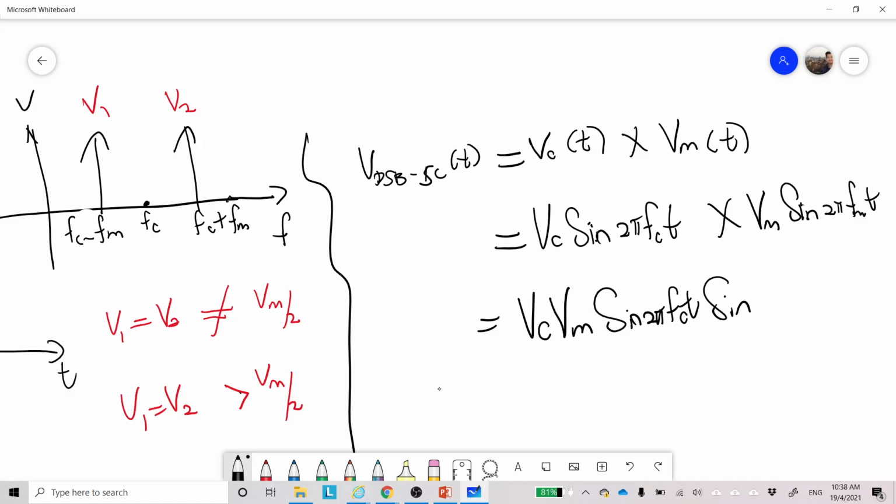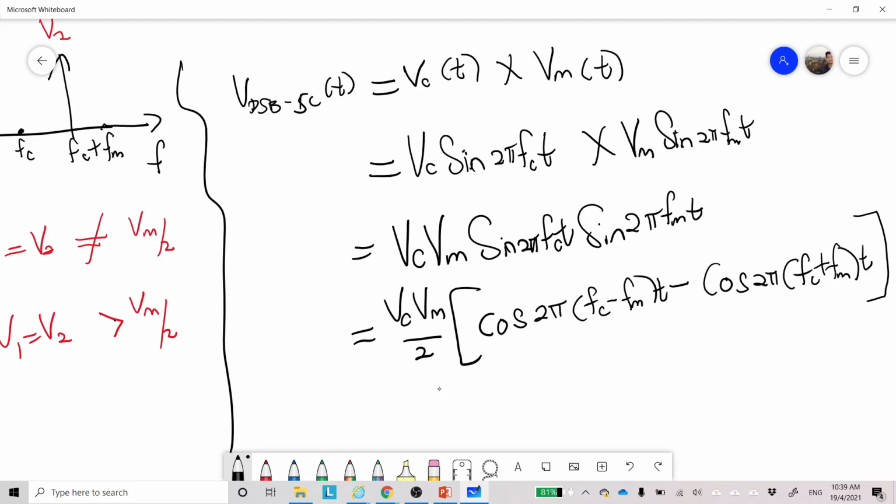Okay, so what happened is that the output is going to be like this: Vc Vm over 2 in bracket. Based on the trigonometry identity, sine and sine become cosine. So this is cos 2 pi fc minus fm t minus cos 2 pi fc plus fm t, and then close bracket.